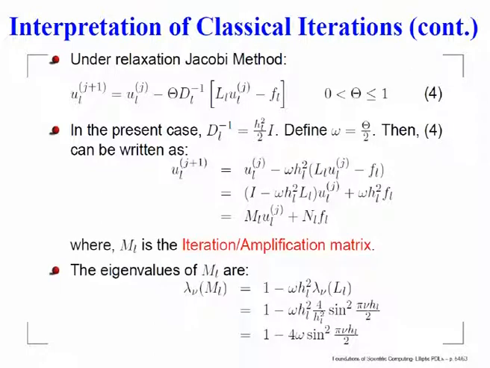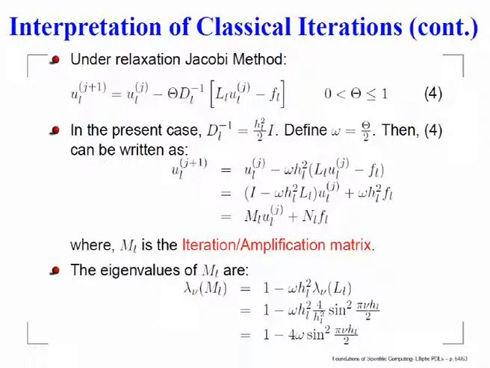But we have also seen that sometimes we can increase the convergence rate by under relaxation, introducing this factor capital theta here. Since it's under relaxation, we keep it between 0 and 1. That's our definition of under relaxation for this class of methods.